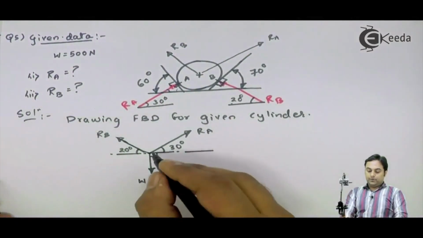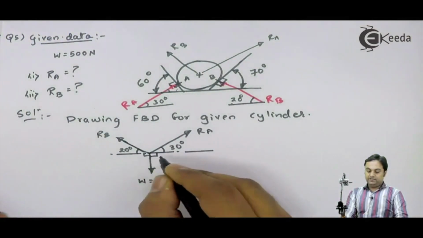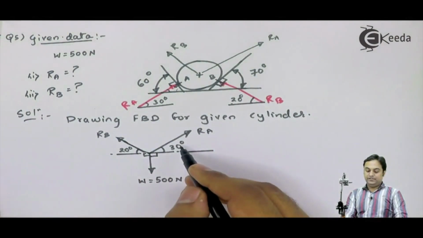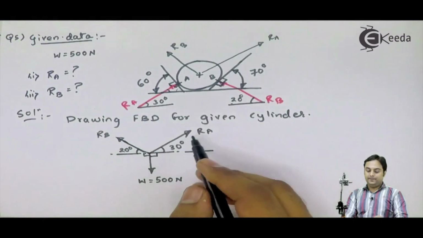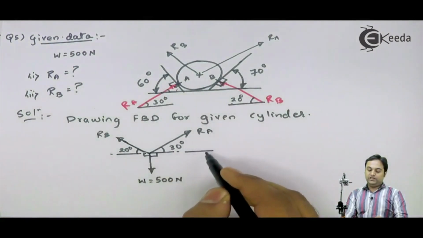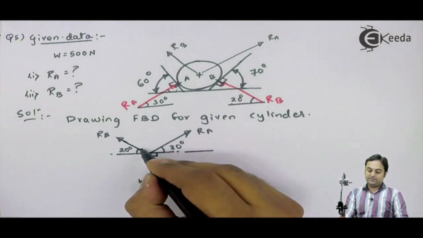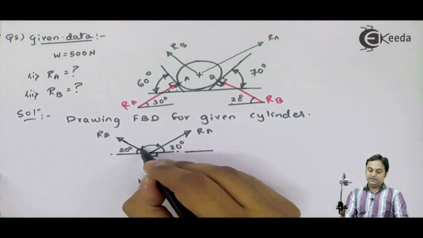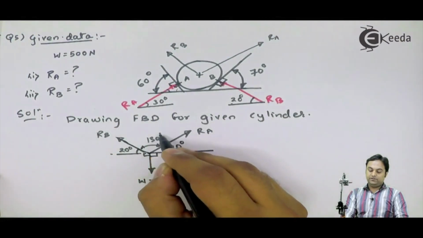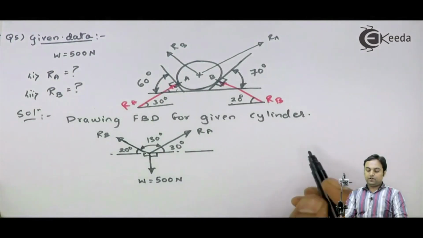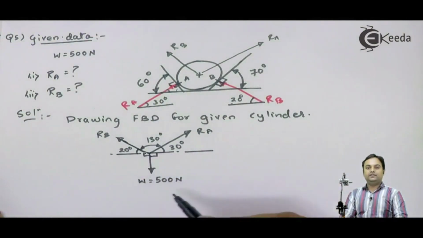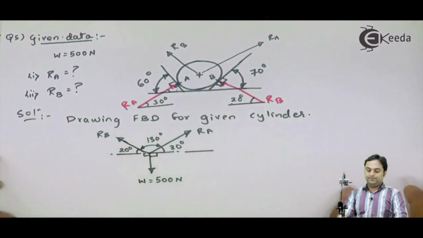So if we look into this problem, we are getting the angles here, 20 plus 30, that gives me 50 degree, and from total 180, if I subtract 50 degree, this angle between RA and RB, it is 130 degree. Now I have all the angles and the forces, so I can easily apply Lami's theorem here.